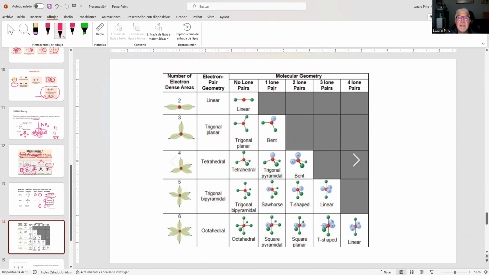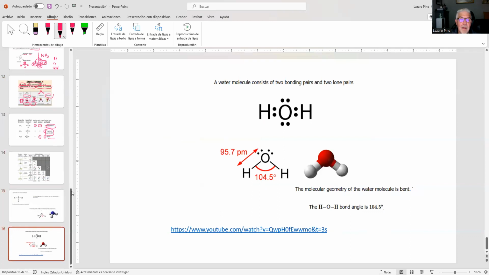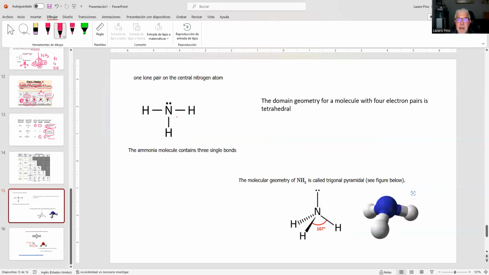According with this and with the lone pairs, you have different structures. All right? Well, here you have the case of ammonia that I showed you before. Ammonia has a bond angle of 107 degrees. It is trigonal pyramidal, as you can see here.